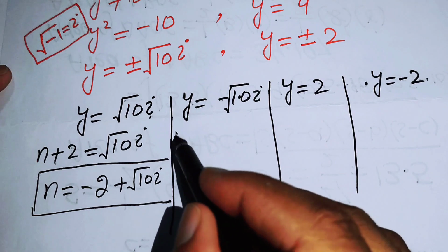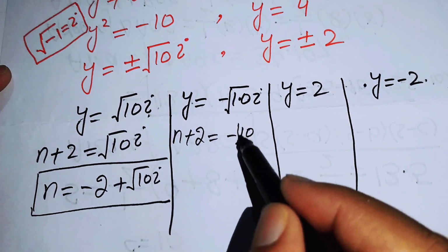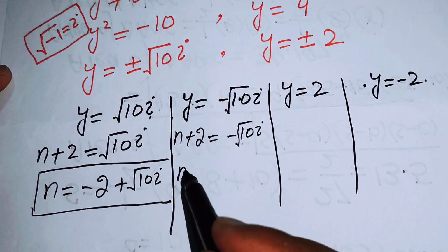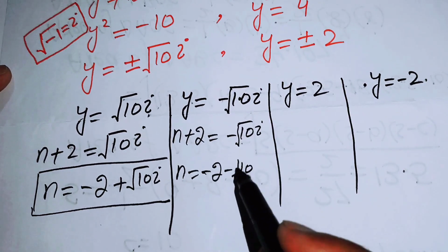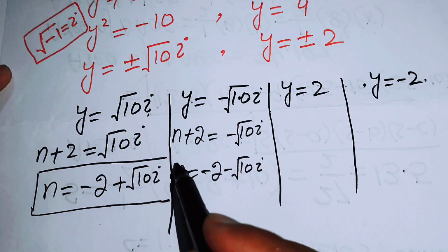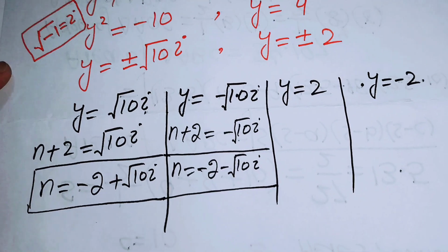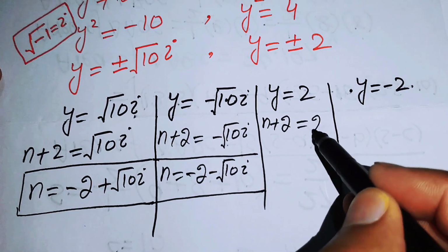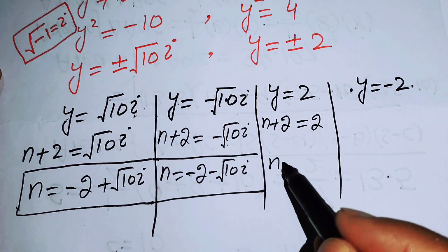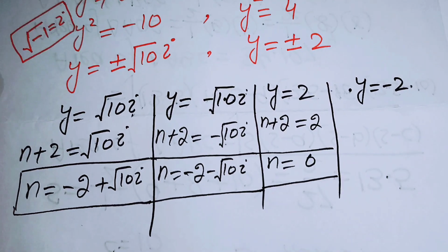Similarly, n plus 2 is equal to minus square root of 10 iota, and when we move this 2 to the right hand side you get minus 2 minus square root of 10 iota, and this is the second root, which is also complex. Here you can put n plus 2 is equal to 2, and when we move this 2 to the right hand side you get n is equal to 0, and this is the third root.